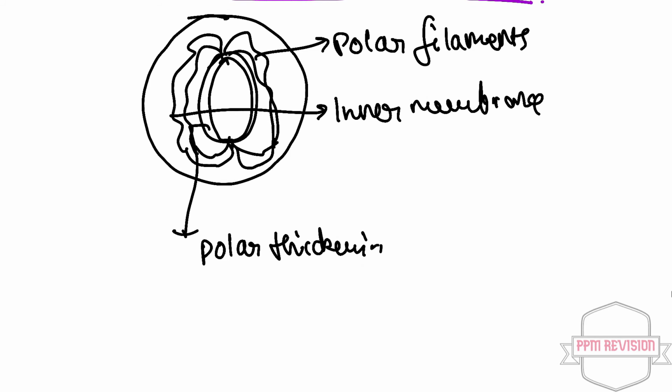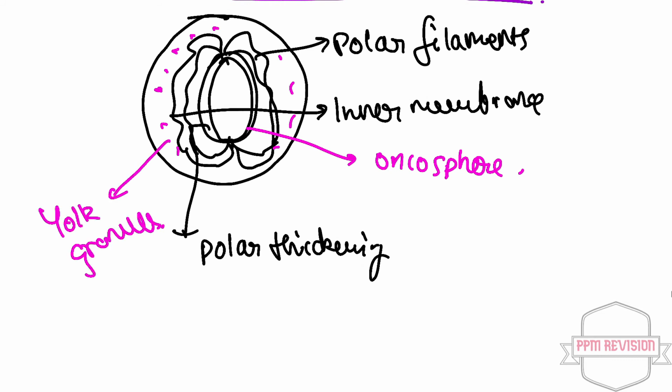We can see the oncosphere as well. We can see the yolk granules. So the points being polar filaments, inner membrane, oncosphere, polar thickening, and then the yolk granules.